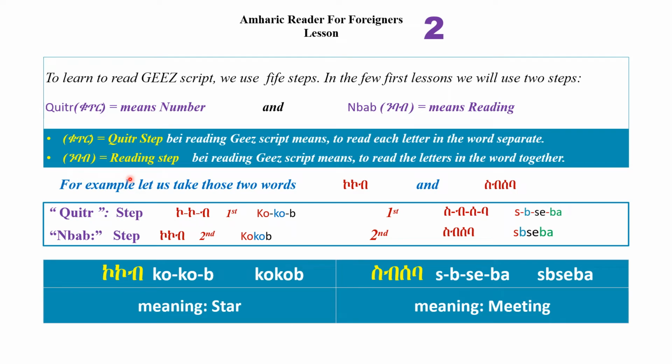In this second lesson, we will learn 2 more letters, Le and A, and we will read some words and sentences in Amharic. And then we will conclude the B group. In writing these sentences, we will use only the B group letters.